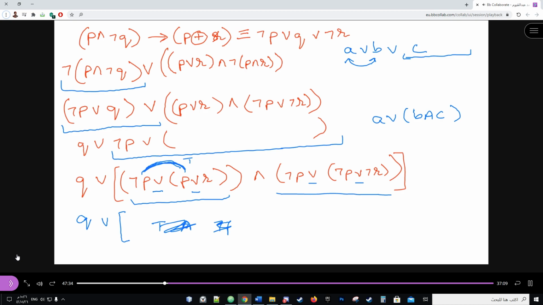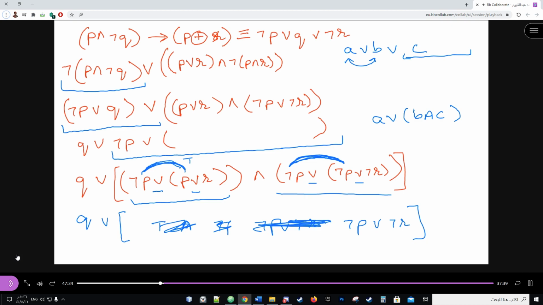And this portion, if you look at this, we have a not P and a not P. Not P or not P is not P or not R. We have not P or not R. Okay.